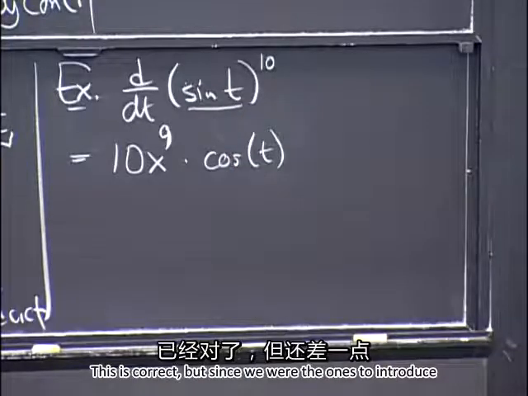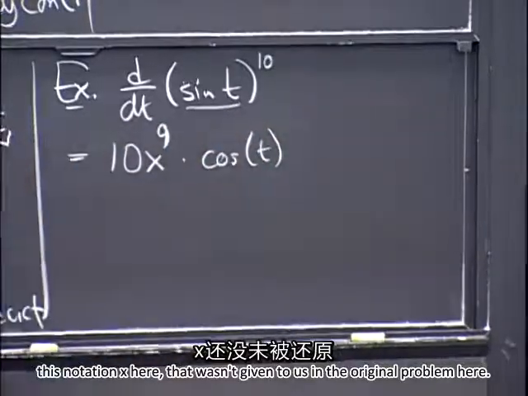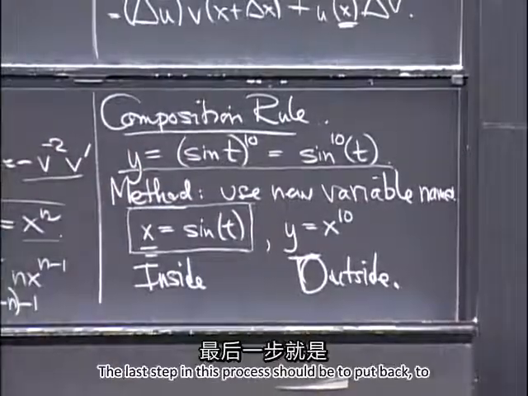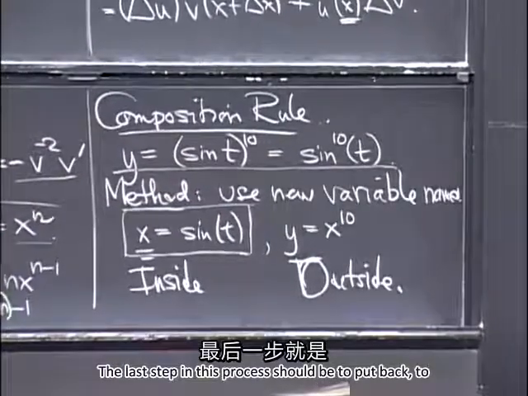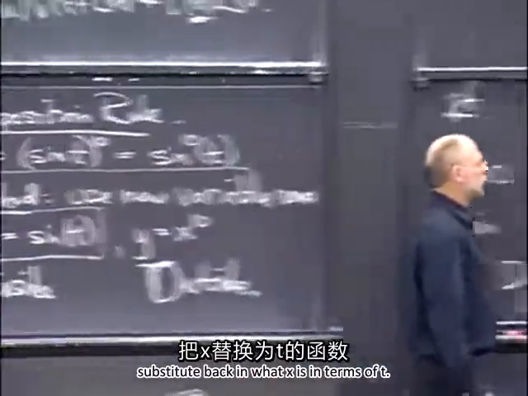This is correct, but since we were the ones to introduce this notation x here, that wasn't given to us in the original problem. The last step in this process should be to substitute back in what x is in terms of t.